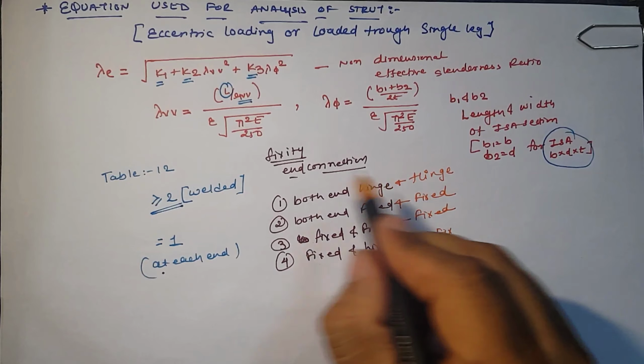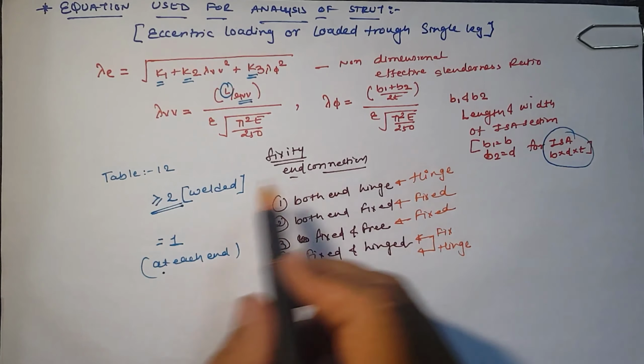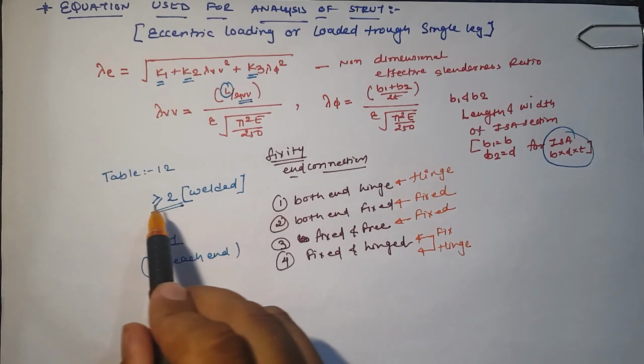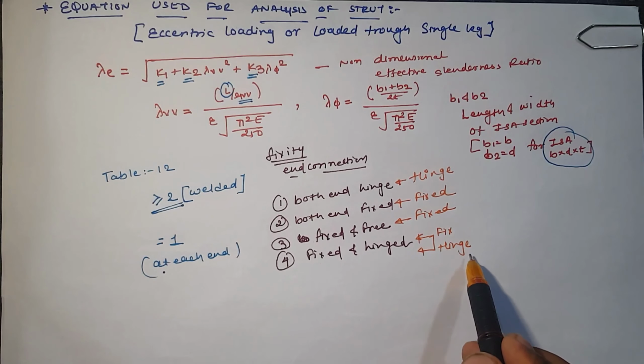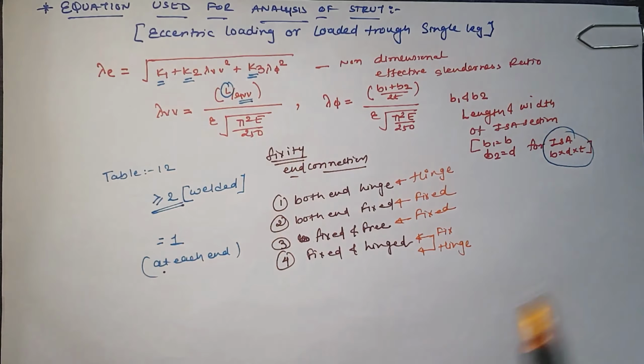It means that according to the criteria, we have to calculate K1, K2 and K3, which is greater than 2 hinge, greater than 2 fix, greater than 2 fix, or greater than 2 fix or hinge. Likewise, we have to assume K1, K2 and K3.